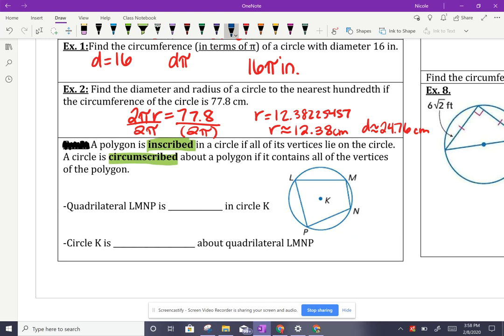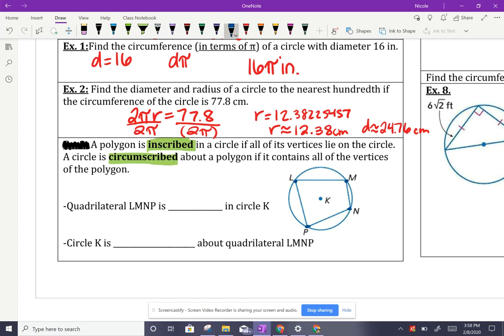So if the polygon is inside the circle and its corners or angles, so L, M, N, and P, are all touching the edge of the circle and the shape is inside, then it's inscribed, or inside of the circle. The circle is circumscribed about the polygon, but it's touching all of its vertices.